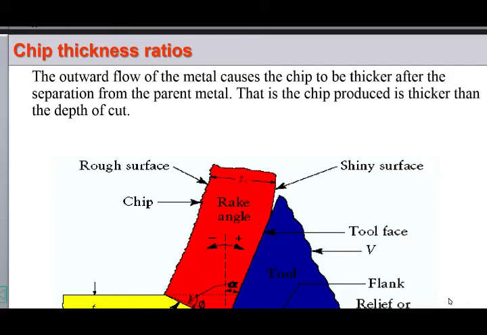Now we discuss the chip thickness ratio. What is the chip thickness ratio? The outward flow of the metal causes the chip to be thicker after separation from the parent metal.